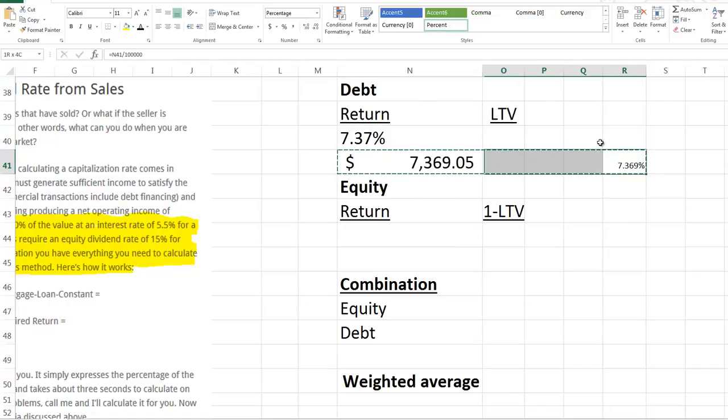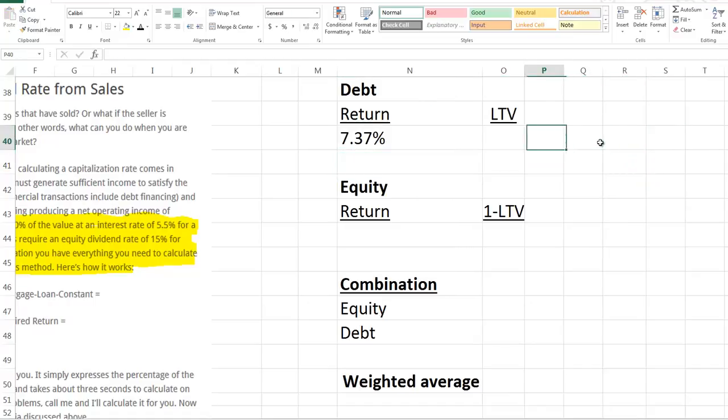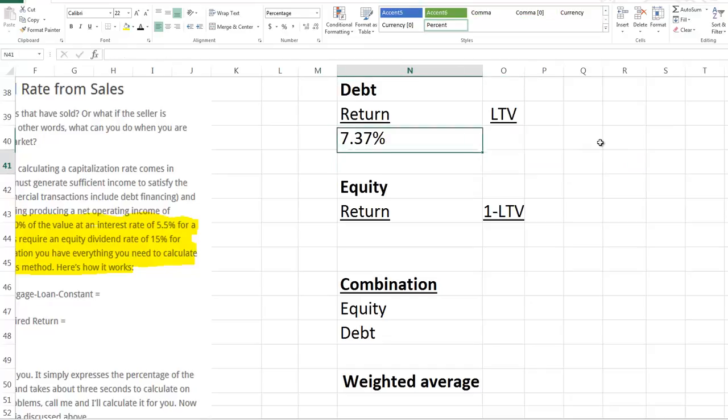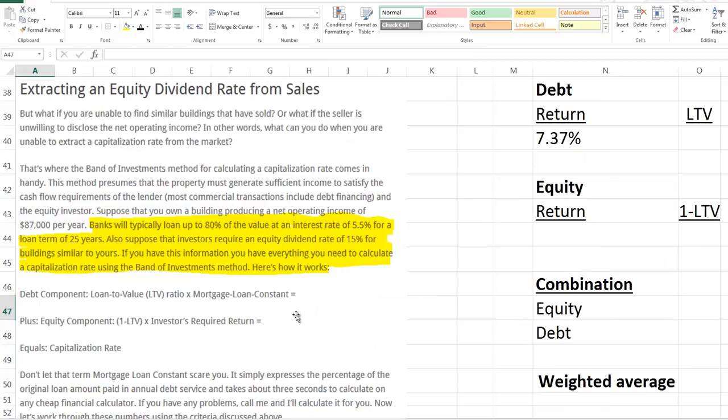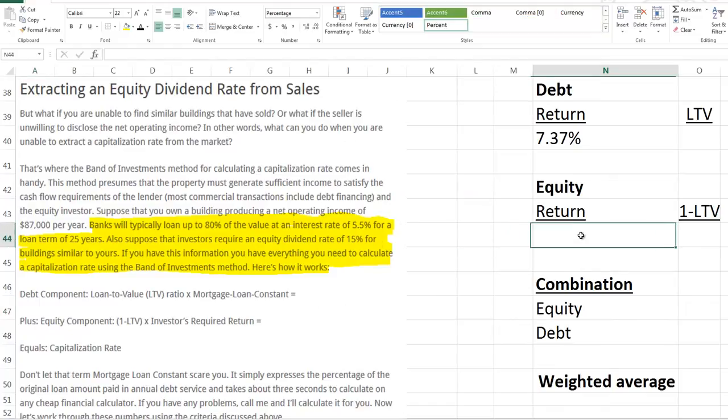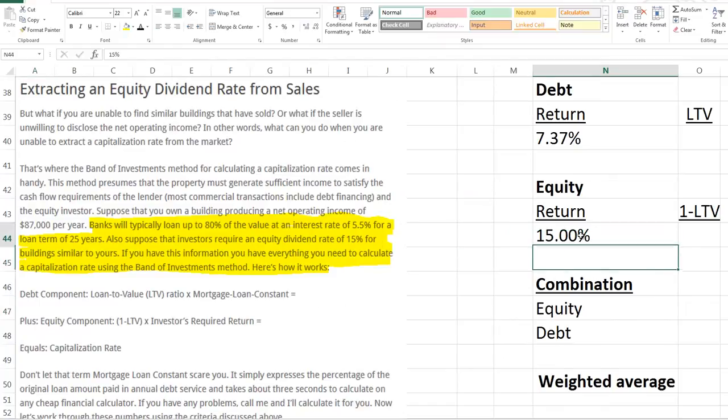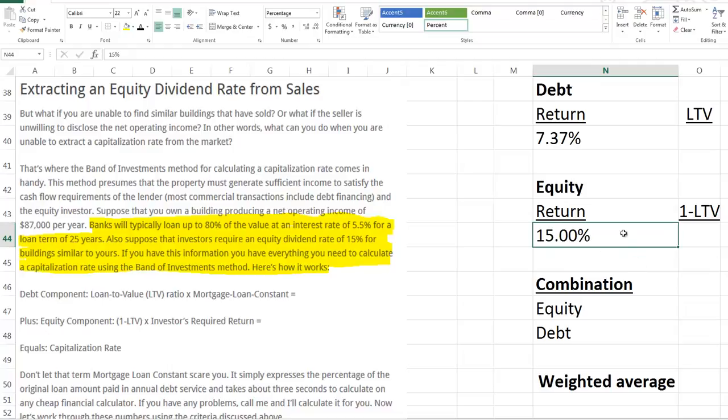All right, so we've got this all calculated for the debt return, and then for the equity return, the problem states that we have an equity dividend rate of 15%. So we put our 15% in there. Our weights for these two returns are going to be the loan to value.